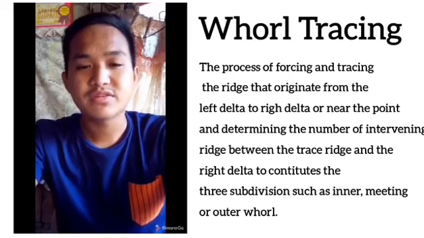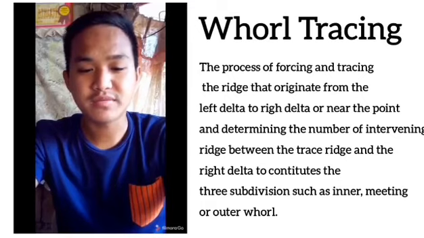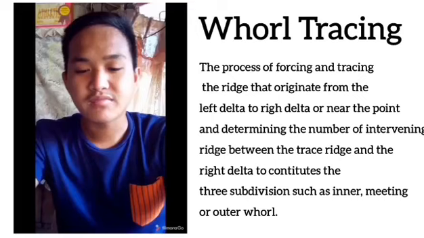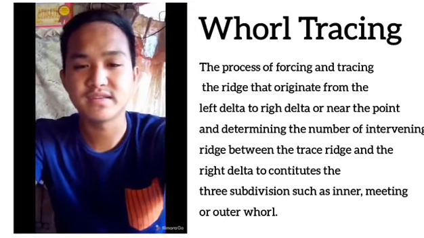Pag sinabi natin whorl tracing, may tatlo siyang category na inner whorl, outer whorl, saka meeting whorl. Kailangan natin ma-identify ang left delta to right delta para mapa-umpisa natin ang whorl tracing. Thank you, ma'am.